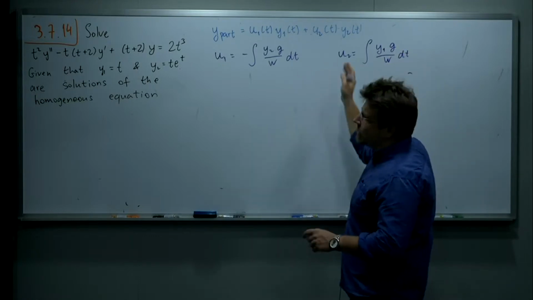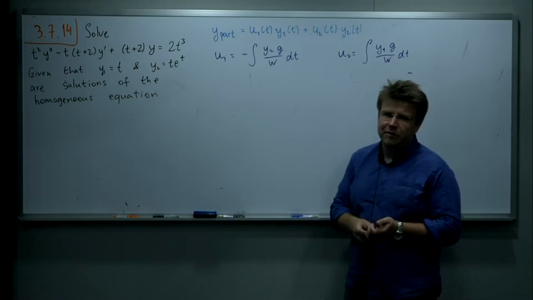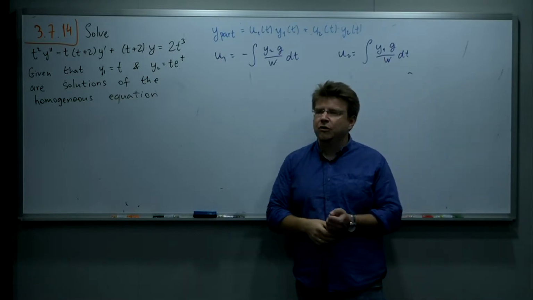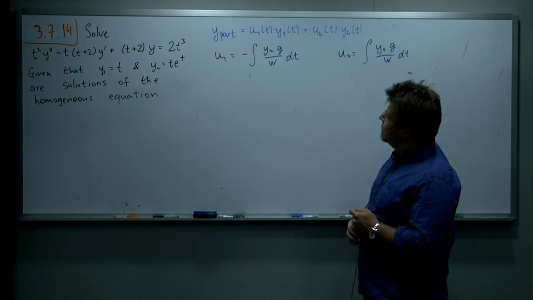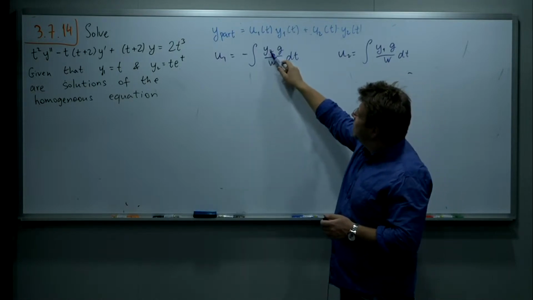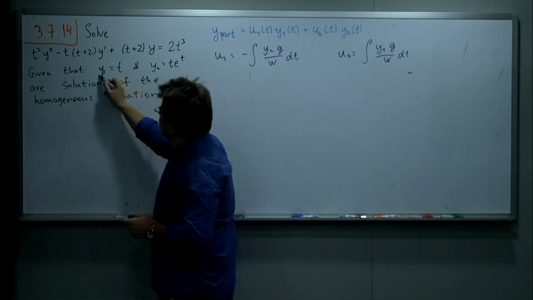Yeah, I memorized it because I did it a lot of times, but you don't have to memorize it because midterm test 2 is open book. But what is important is to understand what is y2, what is g, and what is W. So y1 and y2 in this case were just given.